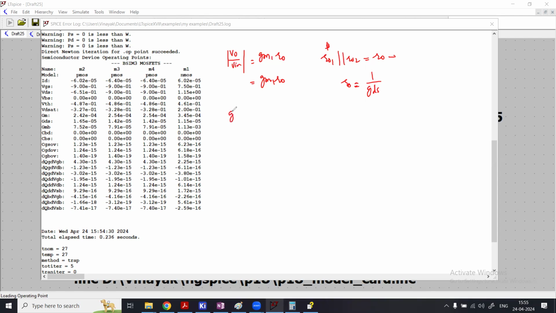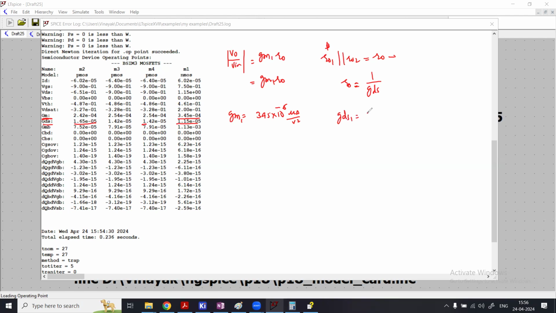So GM1 is here, which is 345 into 10 to the power minus 6 microamp per volt. Okay, sounds good, fine. And what about GDS1 and GDS2? So GDS1 is this, GDS2 is this.